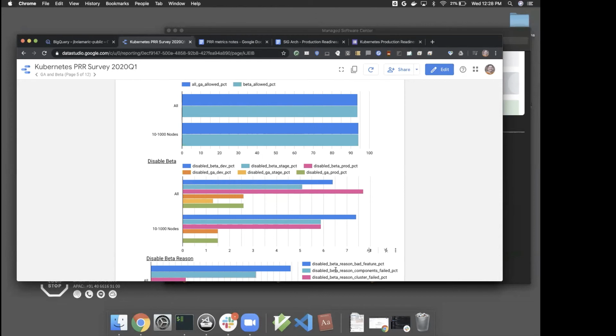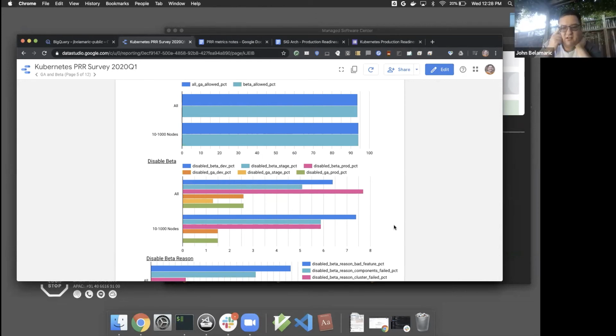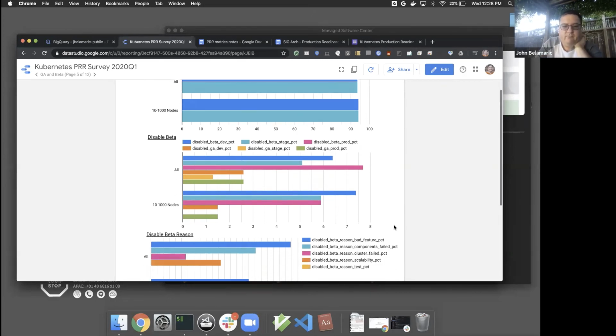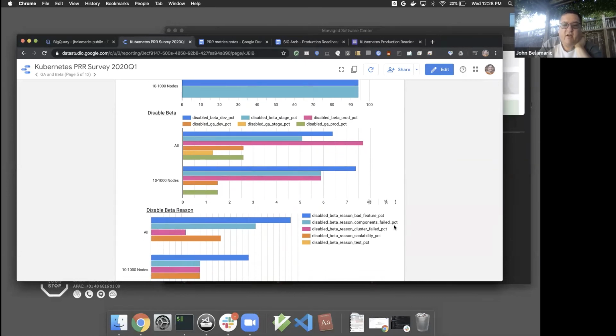That's pretty low, 10%. Yeah, these are percentages, so it is quite low. It seems to be relatively rare, and slightly more common in dev.